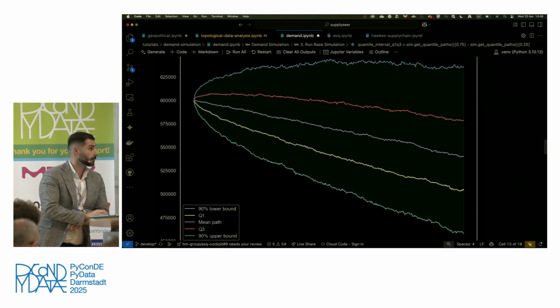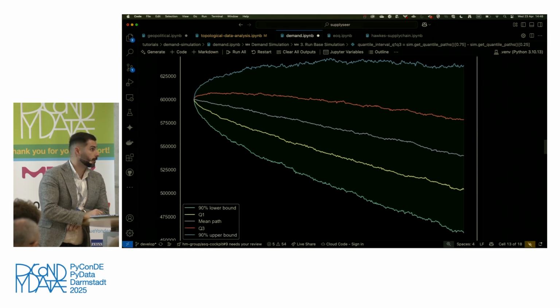And those are the paths. You can see, with 95% probability, what the lower bound is, and what the 90% upper bound is, of your generated simulations. And on average, you will be here. But this is the range.